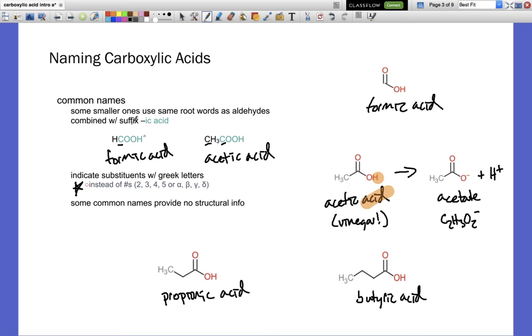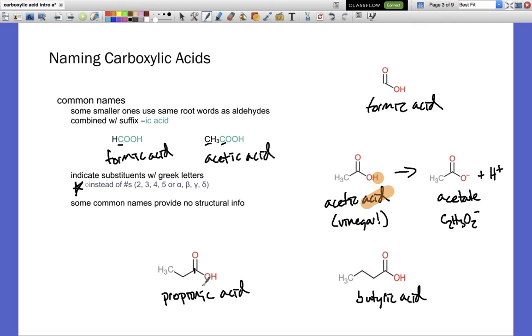What that means is essentially when I'm looking at a carboxylic acid, there's a number 1 carbon right here that's always assumed to be the 1. I don't have to put a 1 in front of the IUPAC names because of that, just like the aldehydes. But understand that I can't fit anything new onto this 1 carbon. It's just not possible to put anything new on this 1 carbon because it's already got 4 bonds, right?